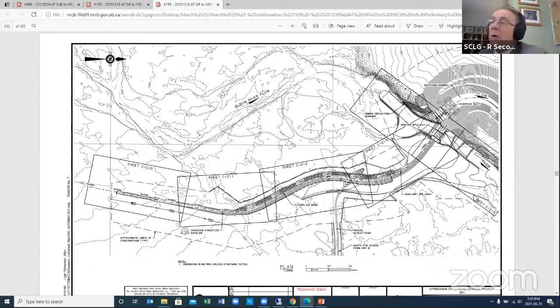And is that area entirely within the PDA? No, it's not. And would any of my clients be subjected to flooding as a result of the auxiliary spillway being engaged? Mr. Chairman, I can confirm that none of the SCLG clients would be affected by it.